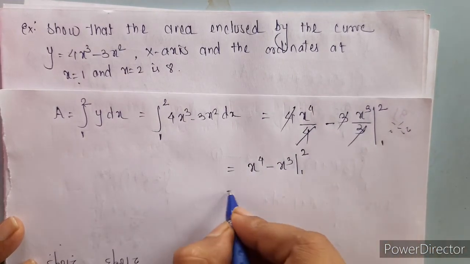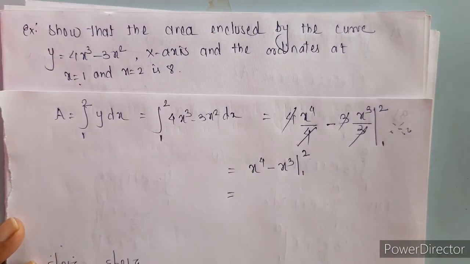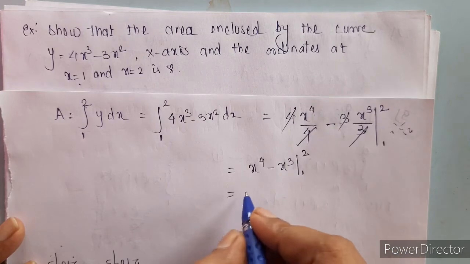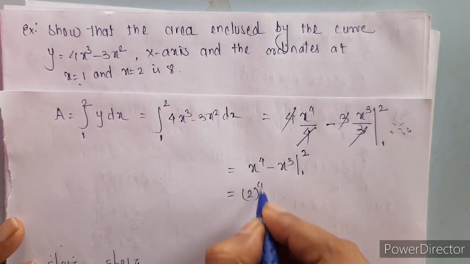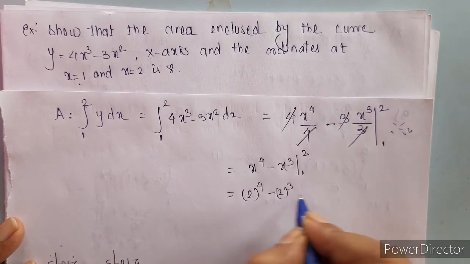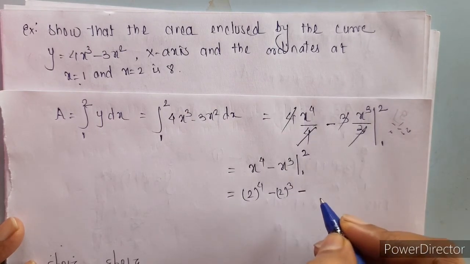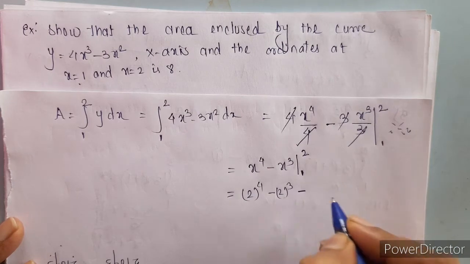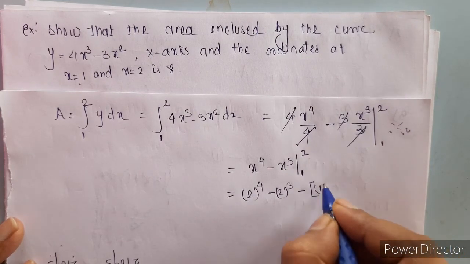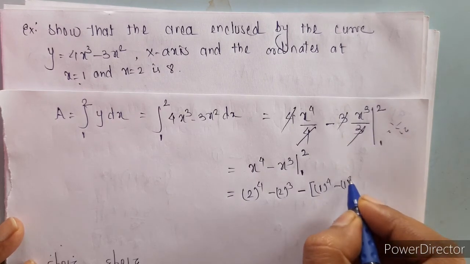Now, let us substitute. Our x is given as 1 and 2. So let us substitute the upper limit first. This will be 2 raised to power 4 minus 2 raised to power 3, minus, now we have to substitute the lower limit, that is 1 raised to power 4 which is 1, minus 1 raised to power 3.